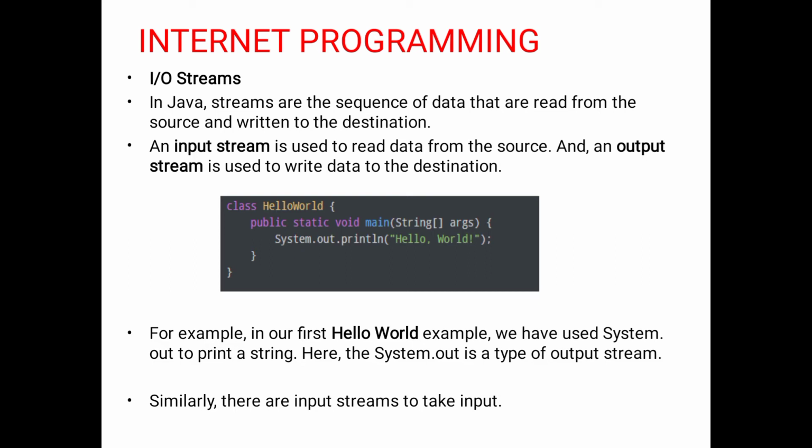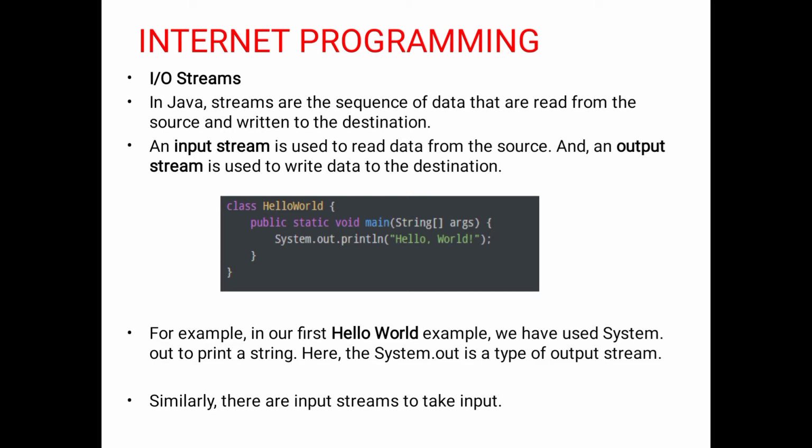For example, take a small program: class HelloWorld, public static void main, String args, and System.out.println("Hello World"). Using the keyboard you can give the data through the input stream, that is Hello World, and using System.out.println it is displayed on the screen.